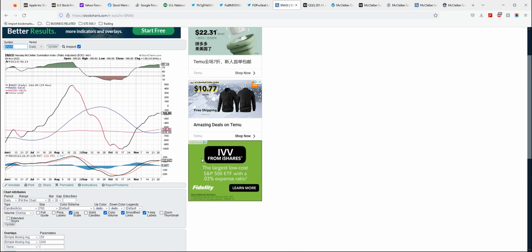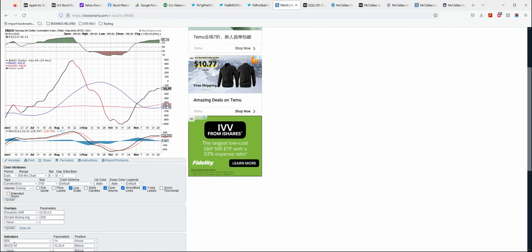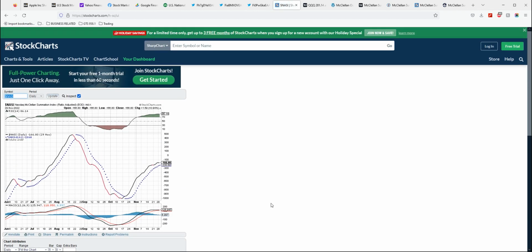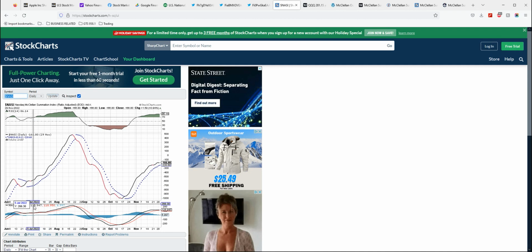Then you go to overlays and put in parabolic SAR. Not a beautiful name, but you update, and voila. This is the indicator that tells us breadth to the upside and breadth to the downside.